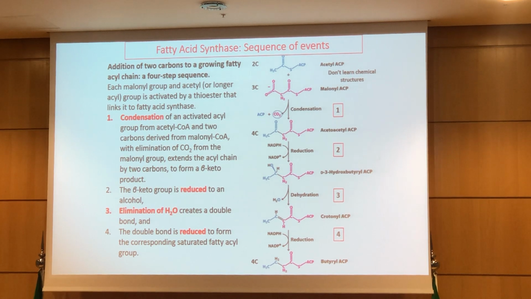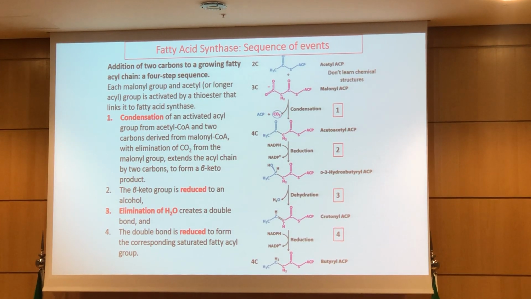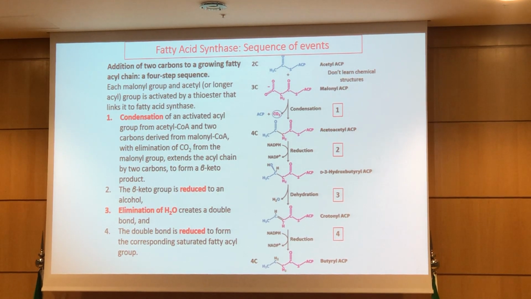Can you see this blue position up here? I take it all the way back up. So I will start with 4, and then I've got another malonyl ACP. And I now start again. So 4 plus 3 is 7, but I release 1 carbon, and now I will have 6.